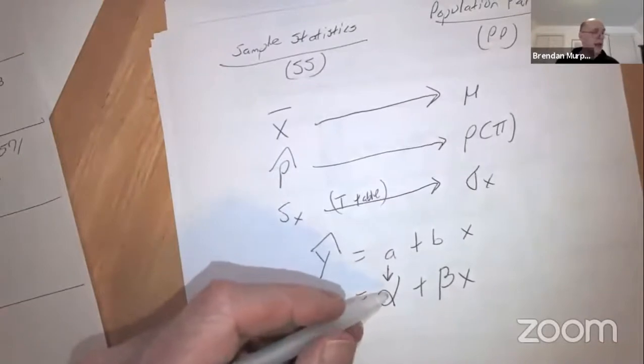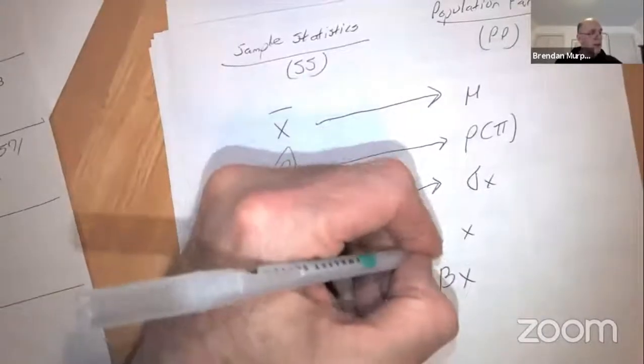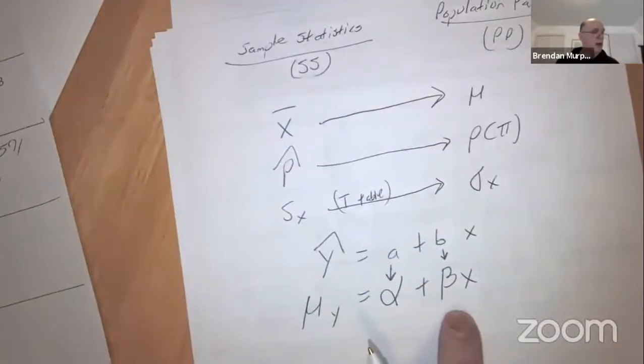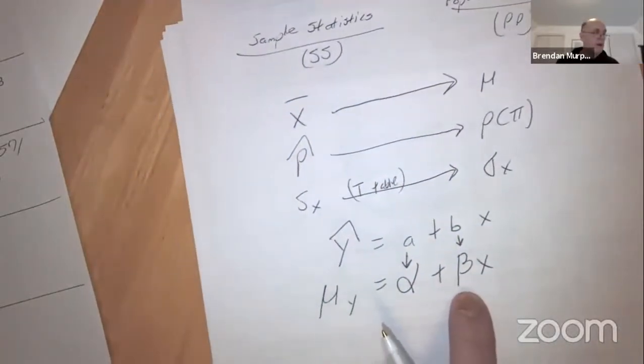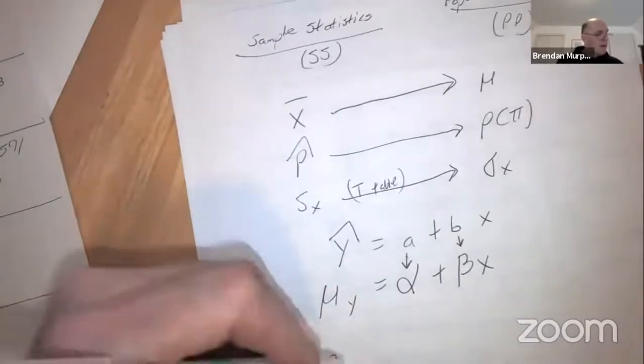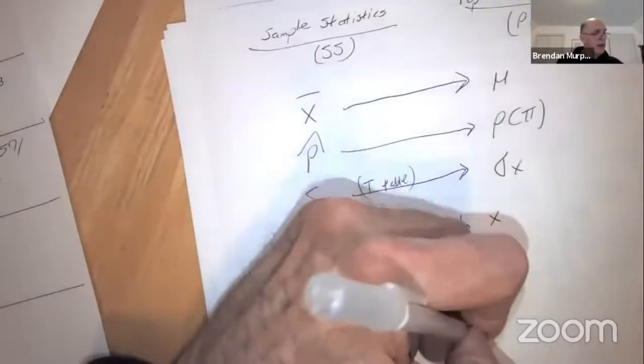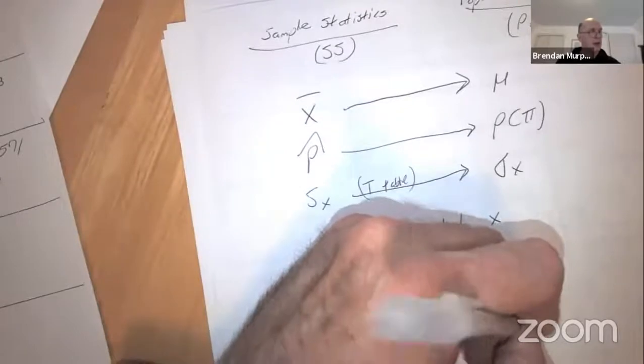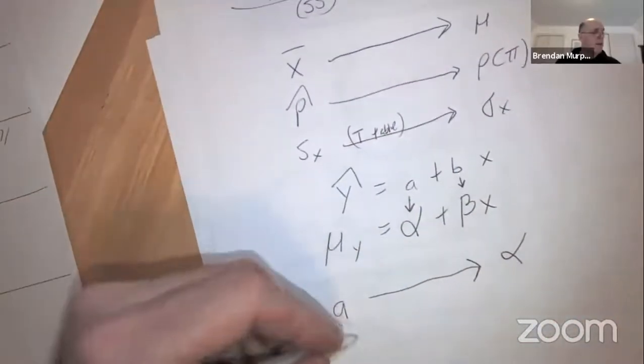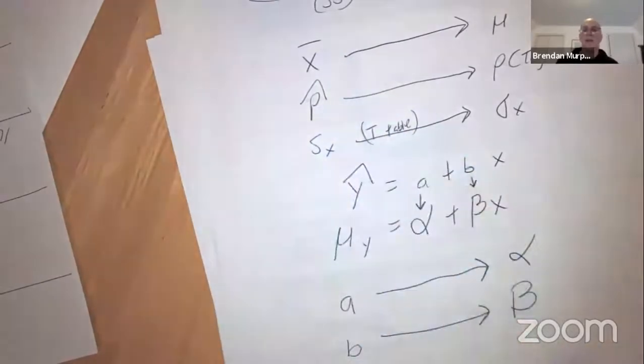It's a Greek A. And this b here, which is my rate of change or slope, I'm going to use to come up with beta. I'll continue on with my little chart there. Little a, I'm going to use that to come up with alpha, and little b, I'm going to use that to come up with beta.